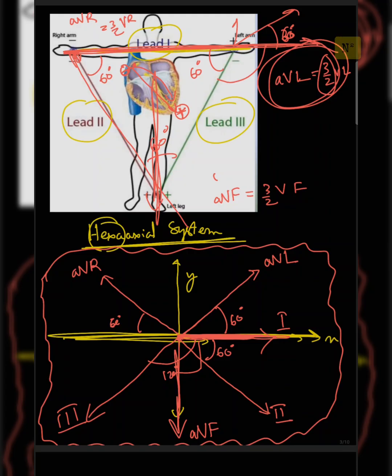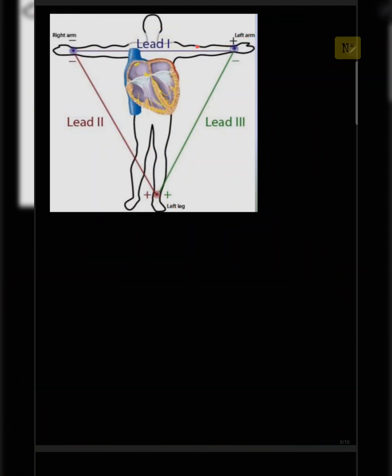Now keeping this picture in mind, we are going to calculate the cardiac axis. Now this is one triangle for you, with the three limbs depicted by the leads 1, 2 and 3. Now there is a concept called Einthoven's law. This law depicts that the summation of two leads is equated to the potential of the third lead.